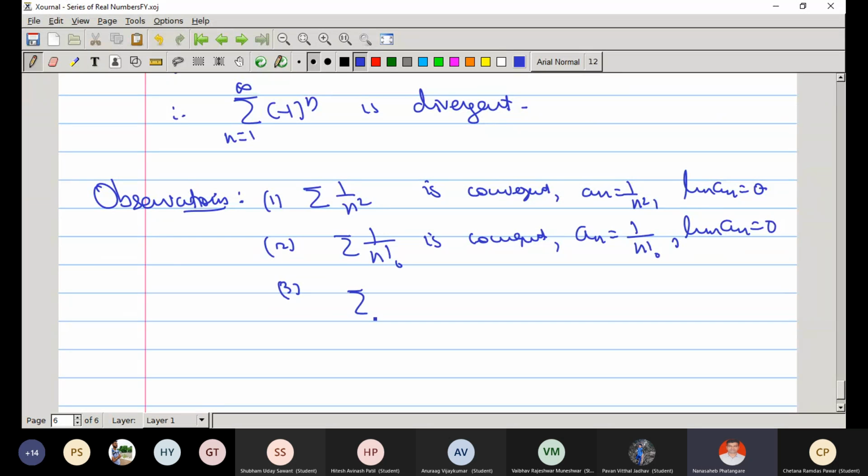Third observation: the series minus 1 raised to n is divergent, and what is an here? Minus 1 raised to n, and what is the limit of an? Does not exist. So the limit of an in this case does not exist.